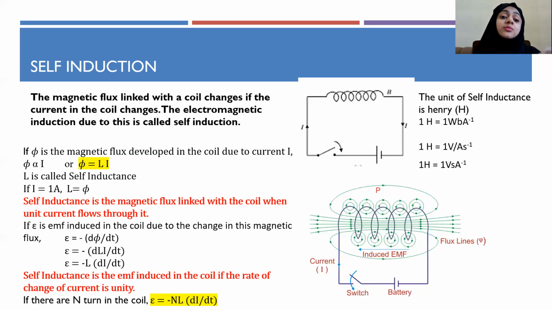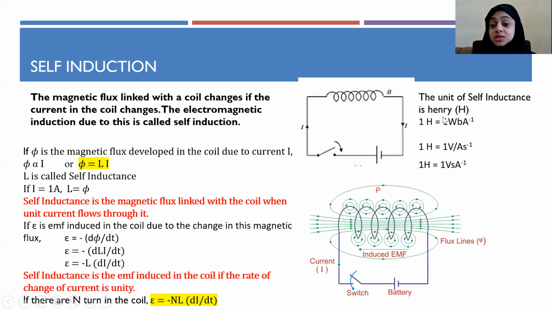Michael Faraday from UK, Henry from US and Lenz from Russia. But it was Michael Faraday who first published the results. So the credit of discovering electromagnetic induction goes to Michael Faraday. But we cannot forget the contributions made by Henry and Lenz in the field. So in order to honor Henry, we have kept the SI unit of self-inductance as Henry.